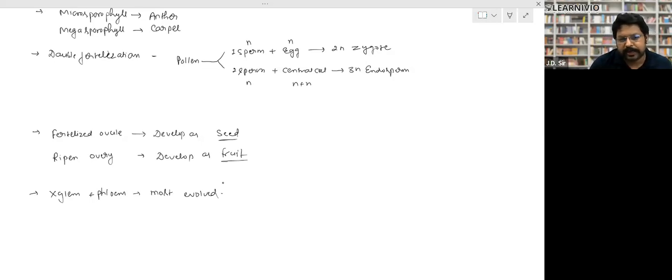Go through with your NCERT and ask me if you have any doubt. And in next class, we'll do alternation of generation. Only one topic is left in the plant kingdom. What is haplontic life cycle and diplontic life cycle? Just in 2 minutes, go through this angiosperm part and let me know if you have any doubt. Then I will clear.